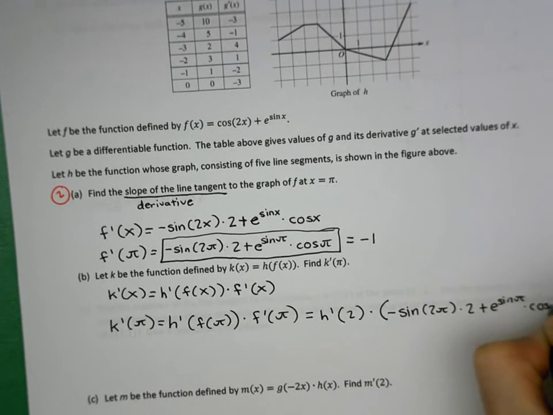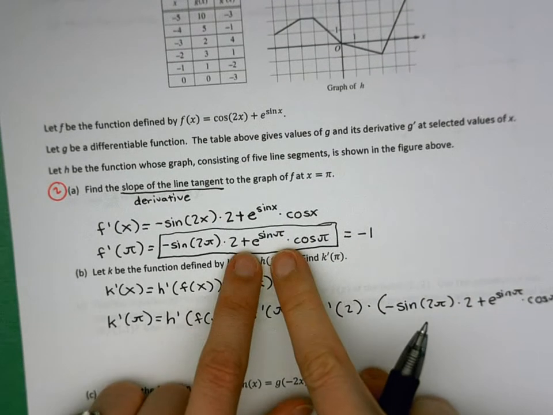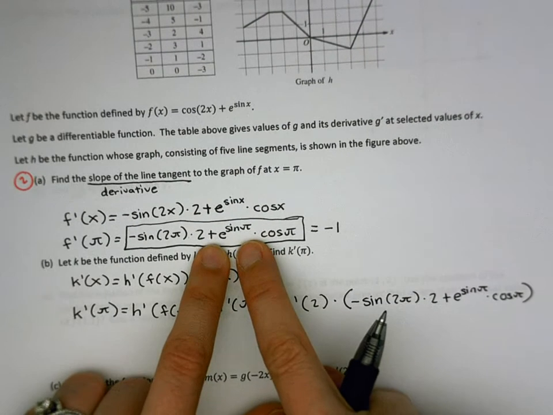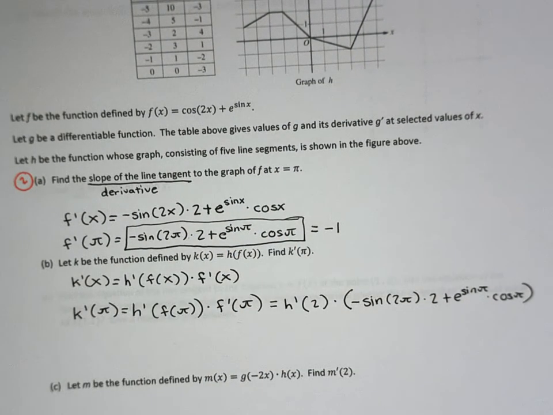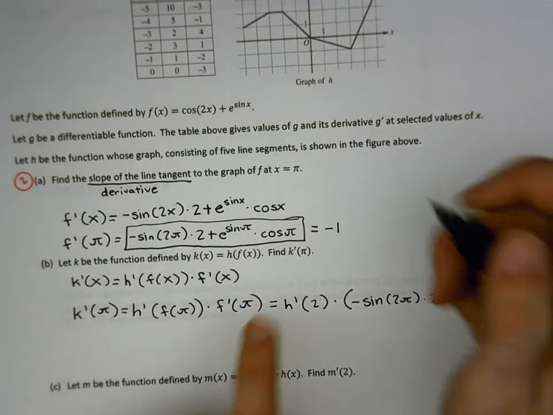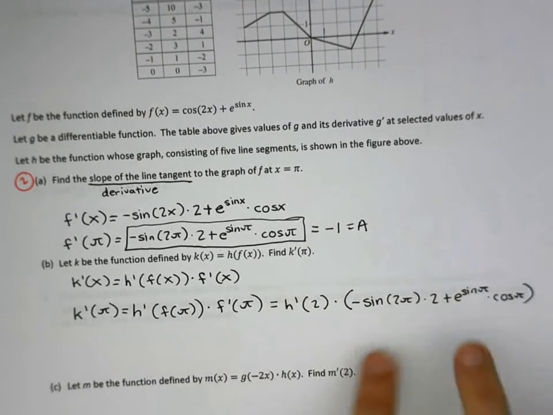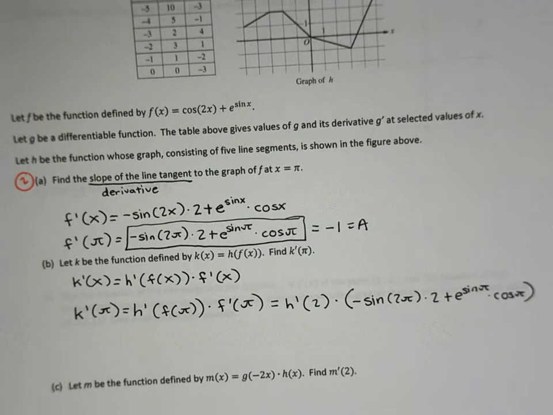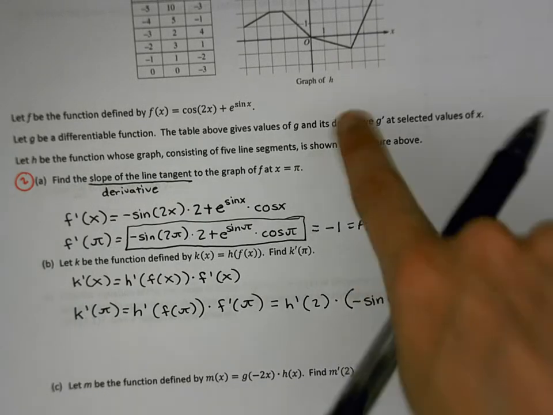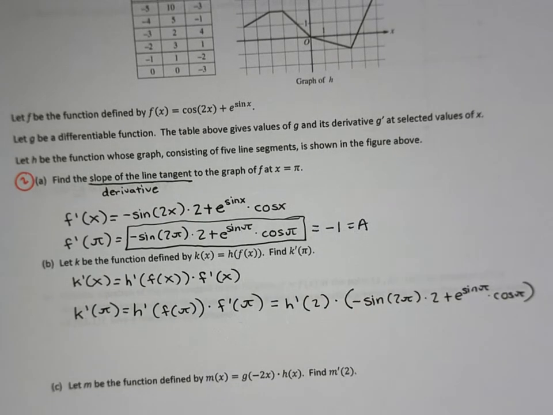Or you could do what we talked about in the last problem, which is you could set this equal to like a. Just make sure you use a variable, a letter that hasn't been used yet. You could set it equal to a, so like equals a, and then you could call this a back here. And you could call it a for the rest of the problem. You would never have to actually plug this back in if you have defined what a represents. Right? So it's a time-saving strategy.